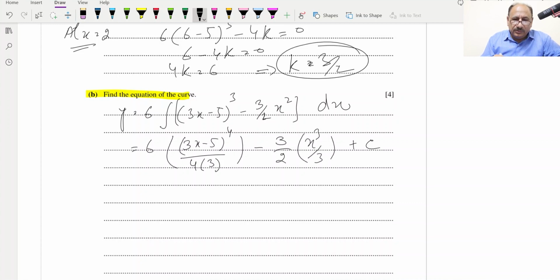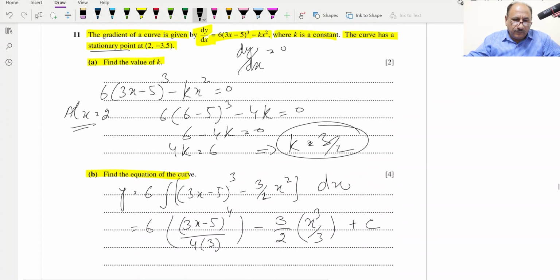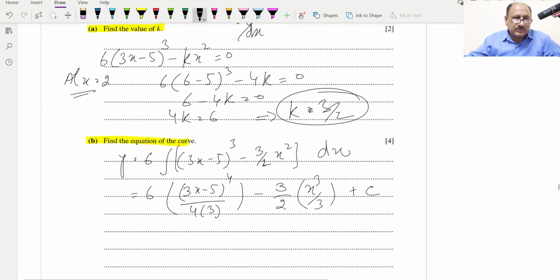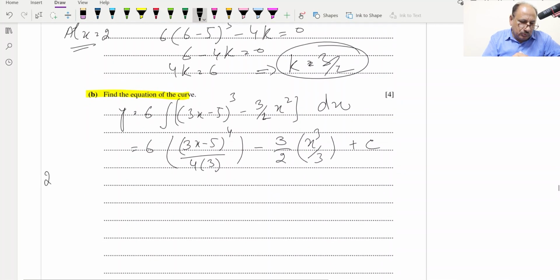Now we will be replacing for this the point 2 and minus 3.5, which is the point we'll be using.